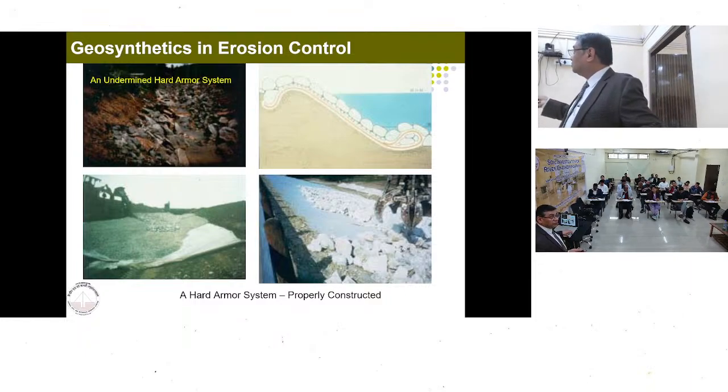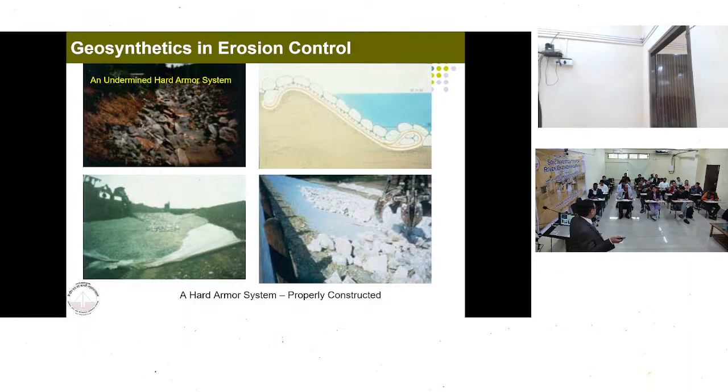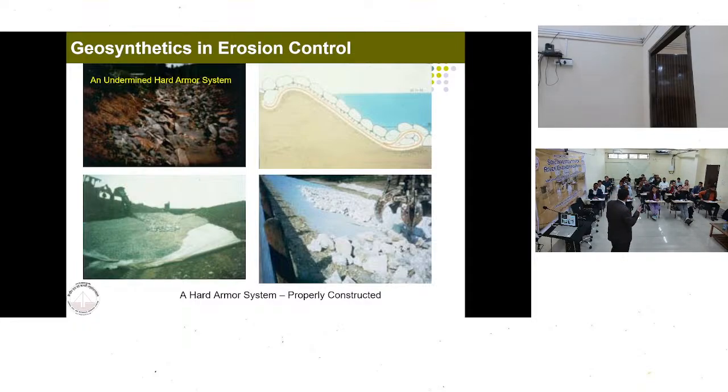Suppose you have a hard armor system which you have installed for protection of the bed of a canal or a river system. Over a period of time, because of the flowing water, the fines will get lost, and all these boulders or the hard armor system which you have installed will either settle into the bed or get washed away.